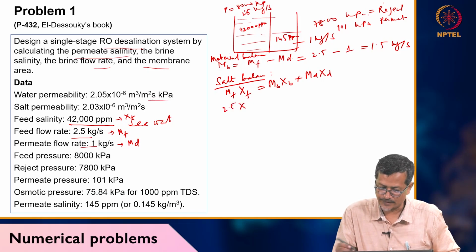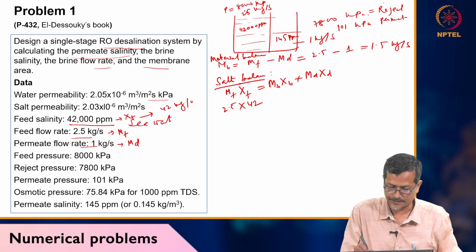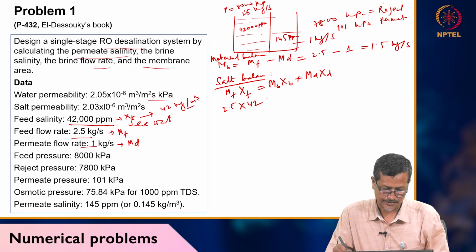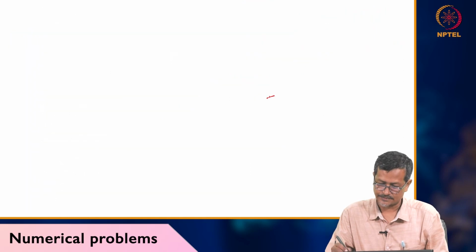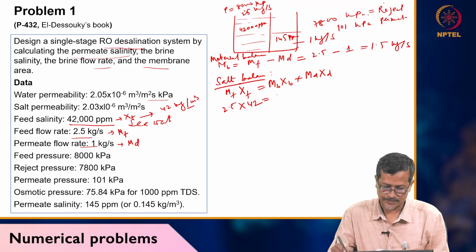2.5 into Xf. Xf is given 42, so this is 42,000 ppm. Actually it is 42 kg per meter cube. Now equals 1.5, Mb you already got, into Xb.